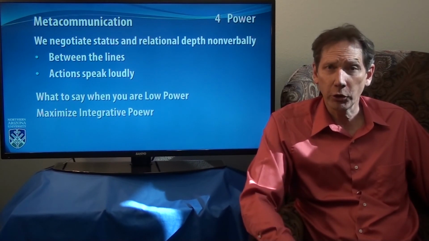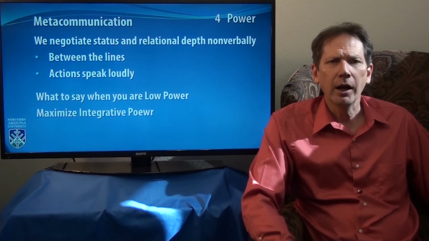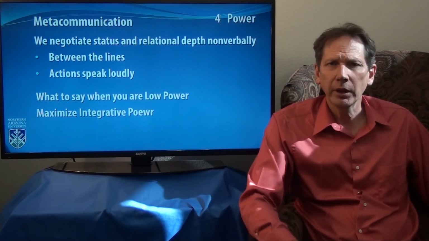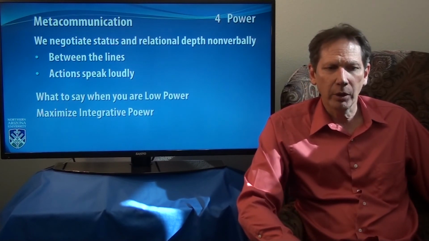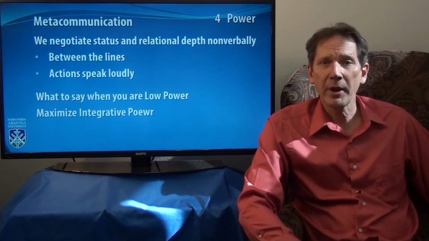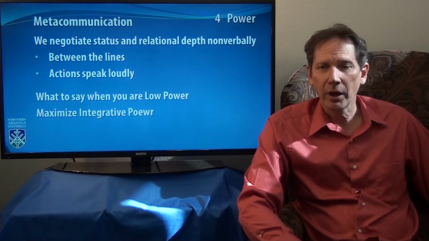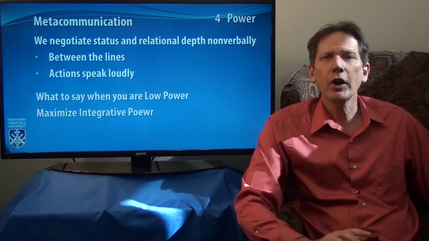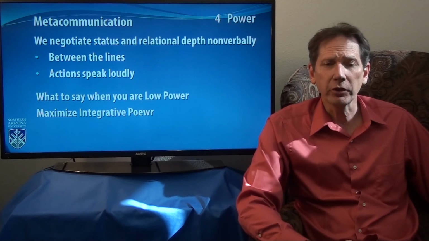What's the likelihood that you're going to get laid off, or you're the person that's never going to get laid off? How deep do romantic relationships go? When somebody wants to go deeper in a romantic relationship, they will send meta messages to that effect. And when somebody is just friends with you, but they're interested in romance, they will send you a meta message.